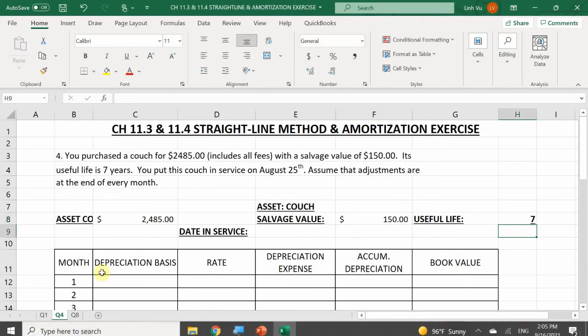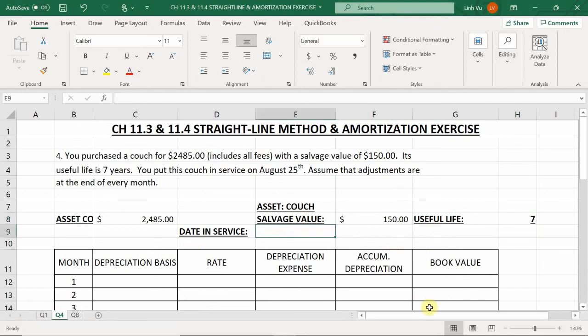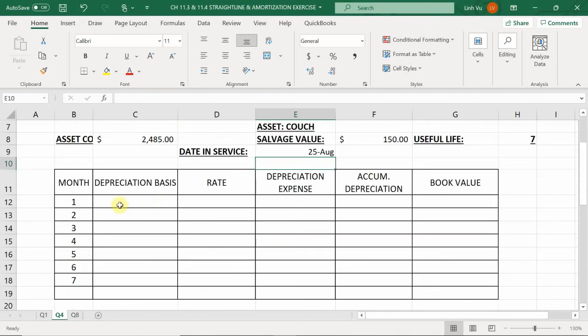And when did I place it in service? August 25th. So in this case, when should I actually start depreciating it? September 1st. So in this case, if my adjustments are done at the end of each month, let's go ahead and start calculating everything.